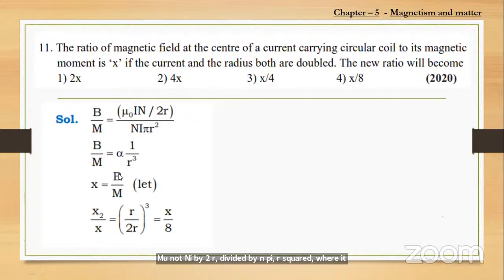So if I consider r cube, B by M is r by 2r to the power of 3, which cancels. The option will be x by 8. The fourth answer is the right answer.